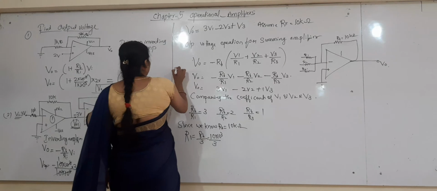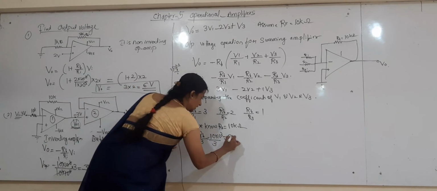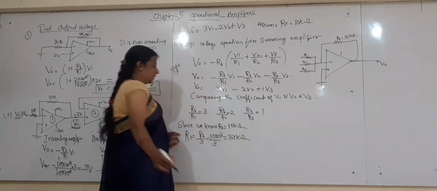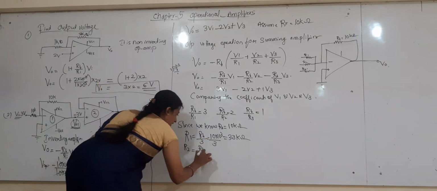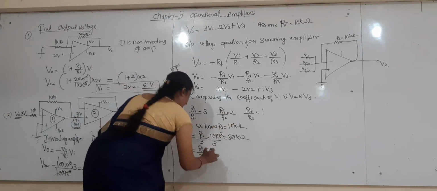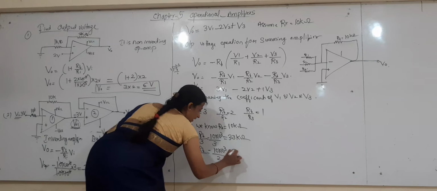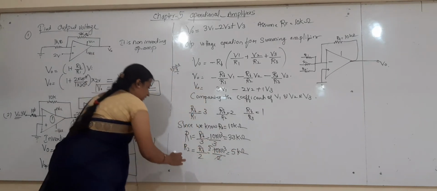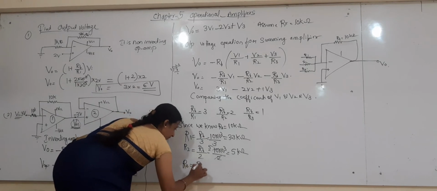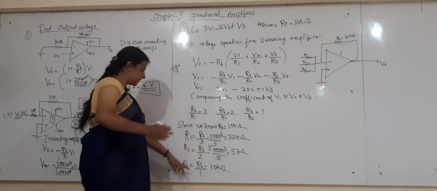So that is 3.33 kilo ohm. Similarly R2 is equal to RF by 2, 10 kilo ohm divided by 2, so that is 5 kilo ohm. Like that R3 is equal to RF by 1, so that is 10 kilo ohm.